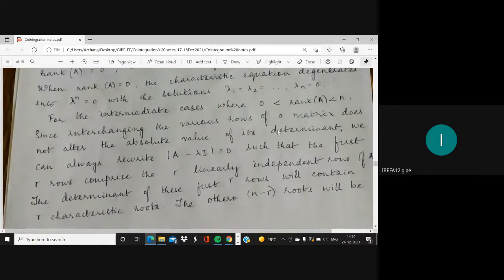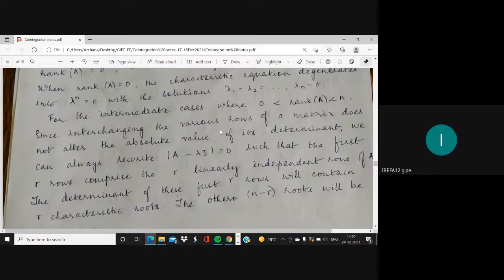Now for intermediate cases where the rank of A lies between 0 and n, so some positive value, but it is less than n, it's not of full rank. In those cases, generally, if you interchange the rows or columns of a matrix, it does not change the value of the determinant.